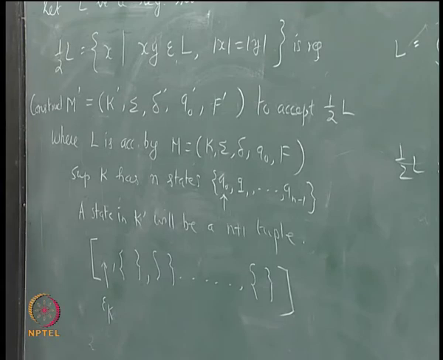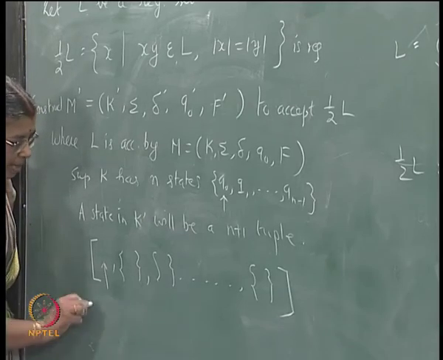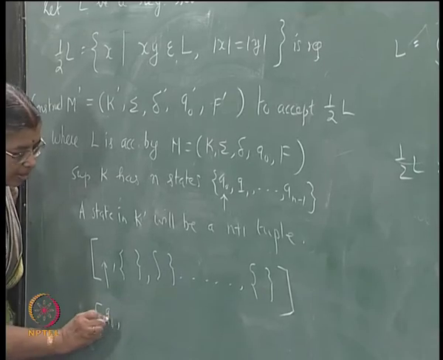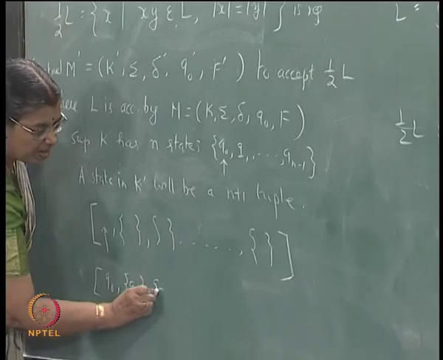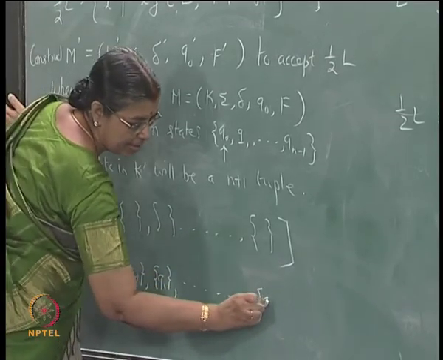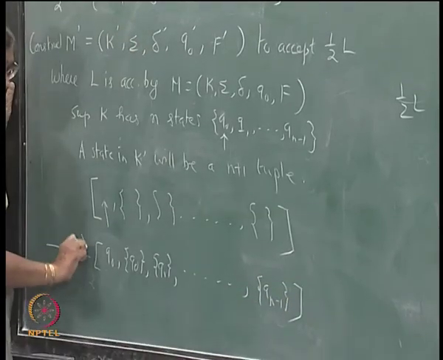and the initial state will be Q naught, then Q0, Q1, and so on, which are all subsets that are singletons. This will be the initial state.